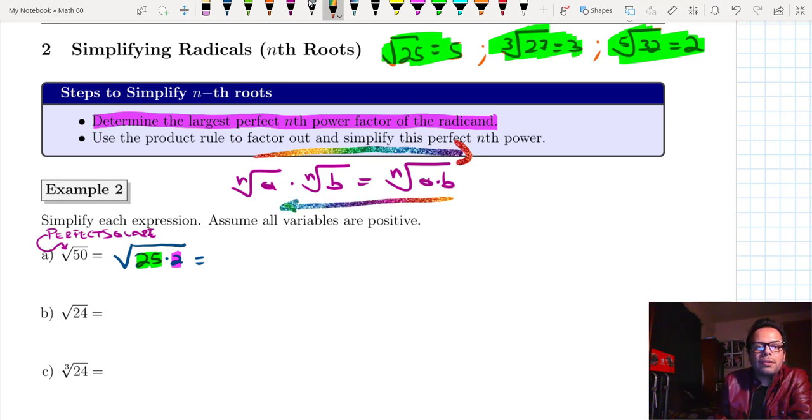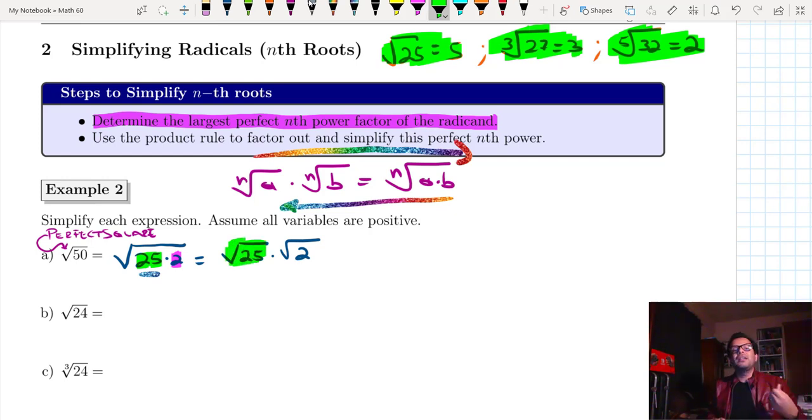We have a product of two numbers, 25 and 2. We are going to break it up into the product of two radicals this time. So I'm going to write the square root of 25 times the square root of 2. I will keep highlighting all this. This is a perfect square. This one we can evaluate: the square root of 25 is going to be 5.